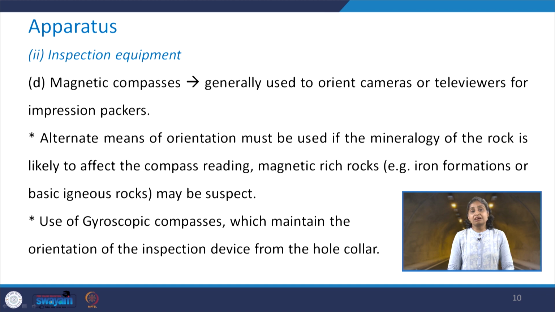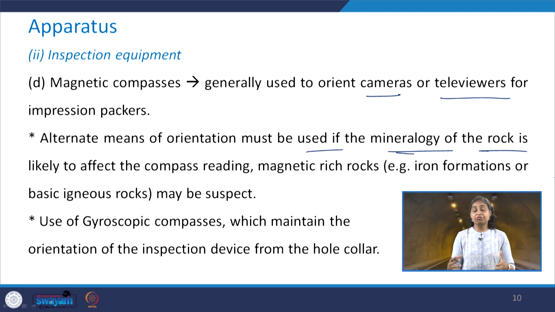Then the next inspection equipment includes the magnetic compasses. These are generally used to orient the cameras or televiewers for impression packers. Alternate means of orientation must be used if the mineralogy of the rock is likely to affect the compass reading.